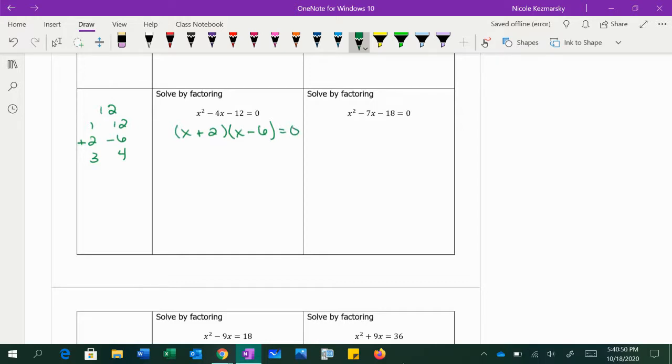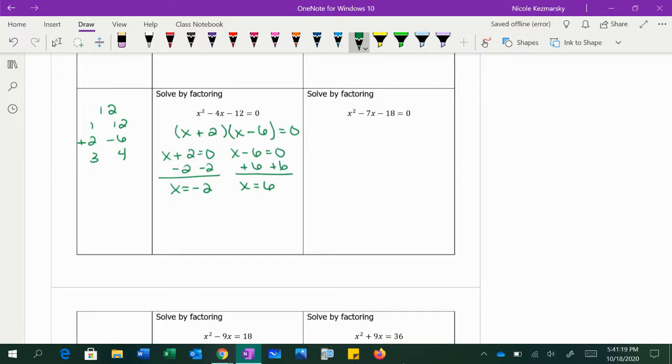They equal 0. I'll set them each equal to 0. Subtract 2 for the one on the left and get x equals -2. And add 6 on the right to get x equals 6.